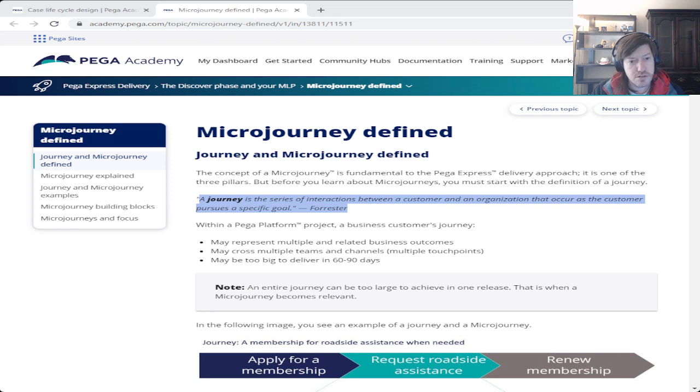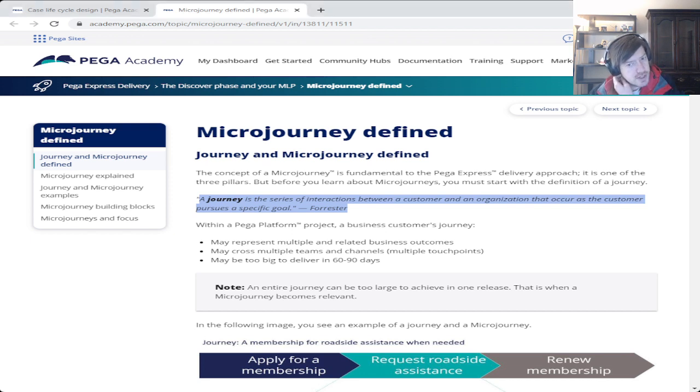According to the Oxford Languages definition: an act of traveling from one place to another, a long and often difficult process of personal change and development. That's their definition of journey.